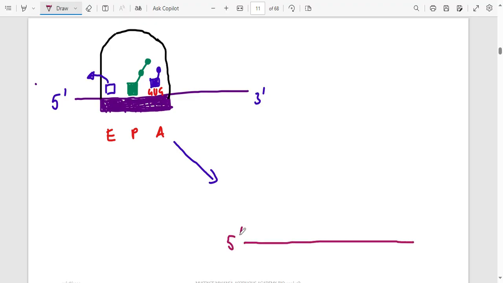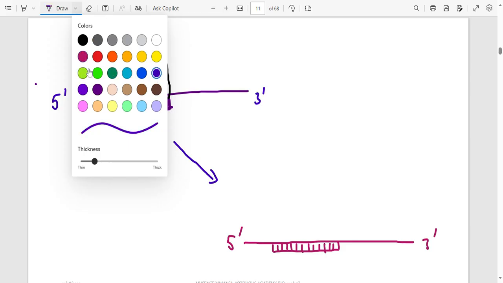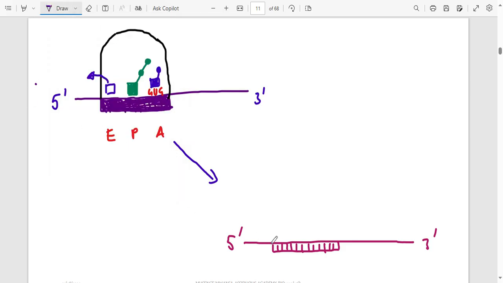So again, this is the 5 prime end, this is the 3 prime end. And then here is our small ribosomal subunit. And here is our large ribosomal subunit. Again, after we form a bond, we are going to move 3 nucleotides.